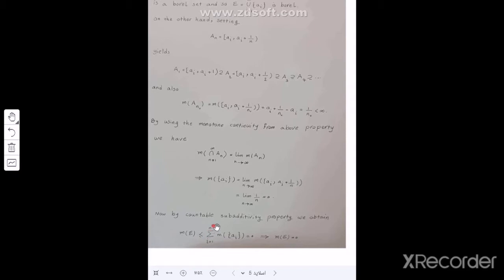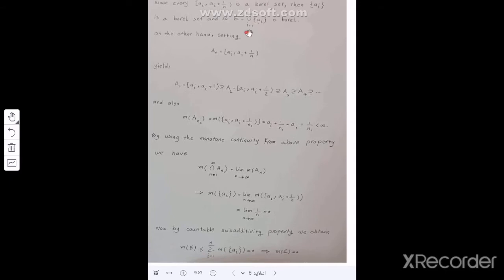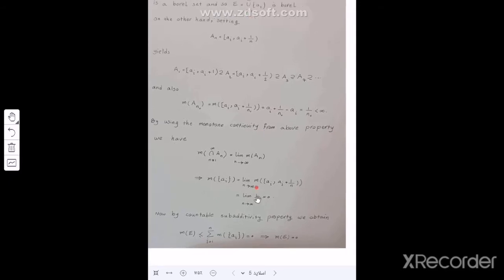It is not n, it is infinity: the summation from i equal to 1 to infinity, because this union is from 1 to infinity. Every term of this summation is 0, so the summation is 0, and we obtain that M of E is equal to 0. And this completes the proof.